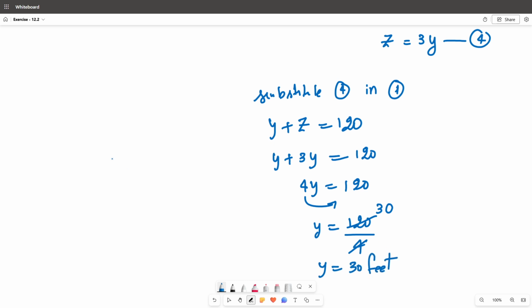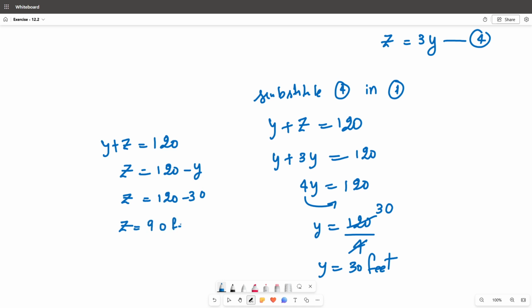But we know that y plus z is equal to 120, therefore z is equal to 120 minus y, and y is equal to 30, so 120 minus 30, therefore we get z as 90 feet.